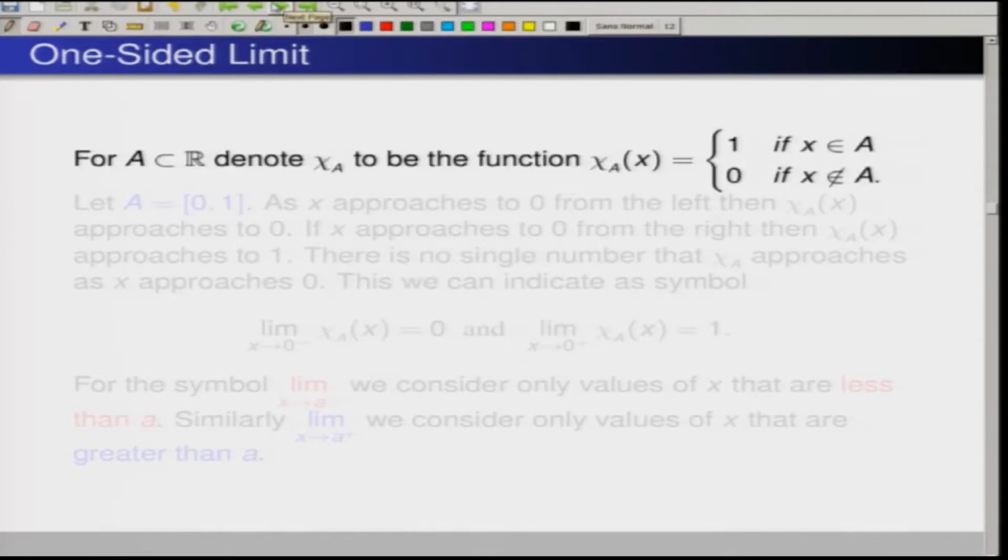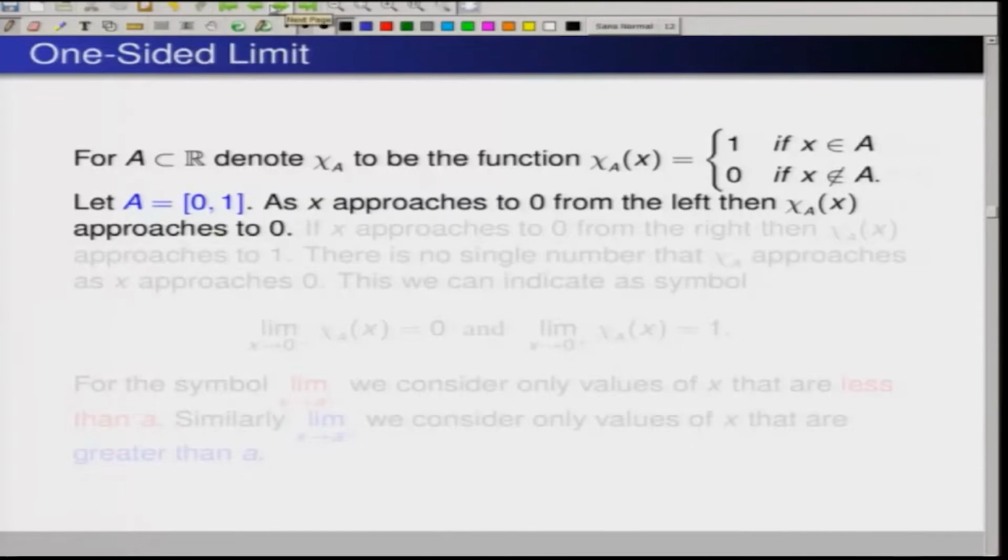Now, what is that? For example, this is precisely what we discussed. Take the set A to be the closed interval 0 1. As x approaches 0 from the left, the function chi of A takes the value 0.